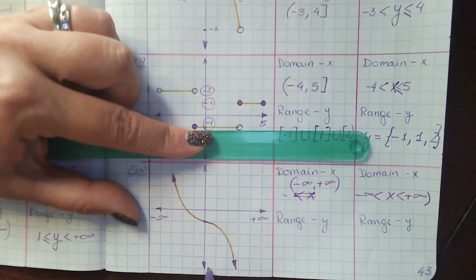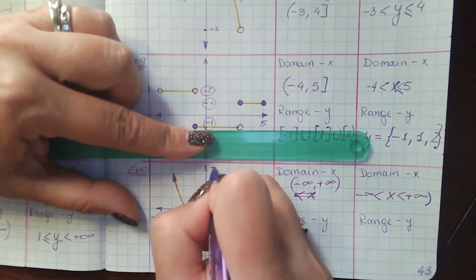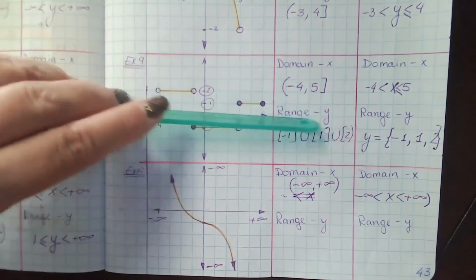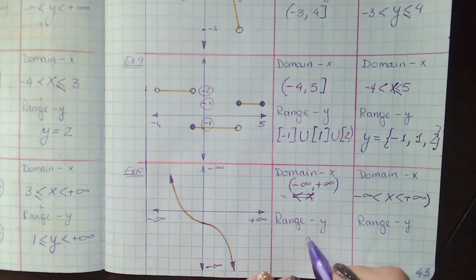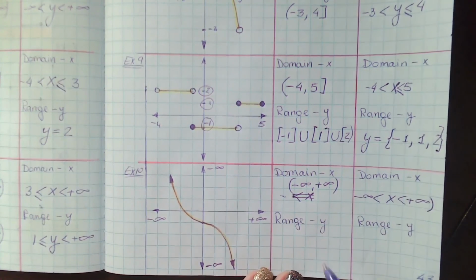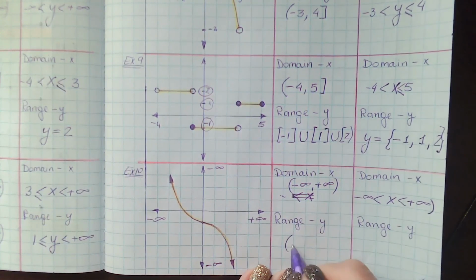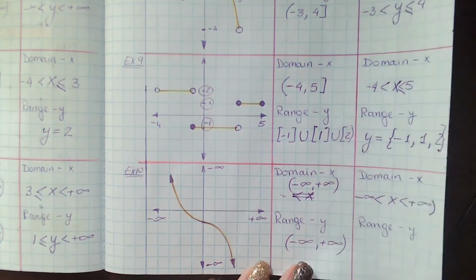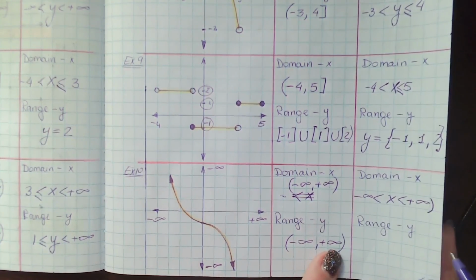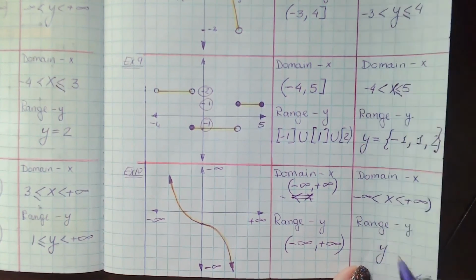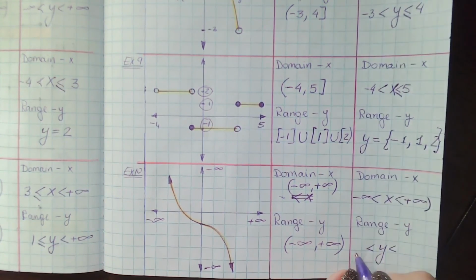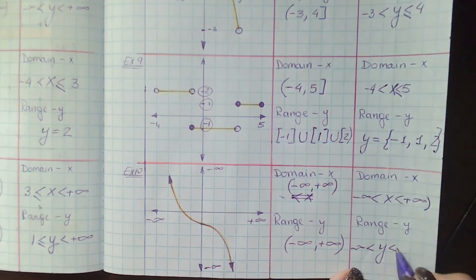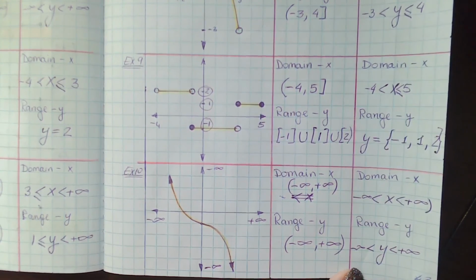So for the y values, we have the same situation from -infinity to +infinity. So our range or y values are going to be an interval all the way from the bottom to the top with no stopping. So the y values, again, are included in between -infinity and +infinity.